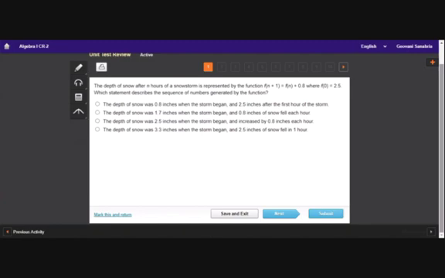Okay, so this one, the depth of snow in hours of snowstorm is represented by the function. This is a little bit different because they put f of 0 equals 2.5. It's weird to think about, but it's just the zeroth term, which really means the first term, but you're just going to label it zero.